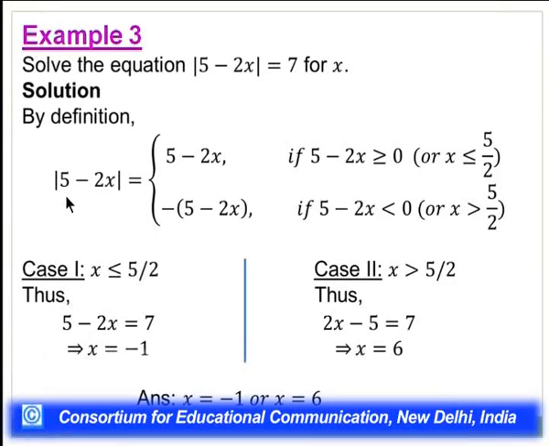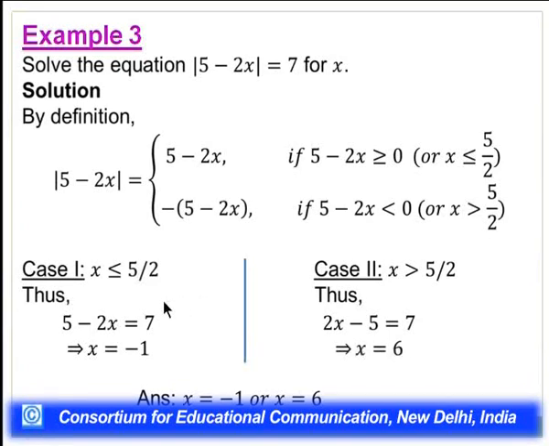By definition, the absolute value of 5 minus 2x is 5 minus 2x itself if 5 minus 2x is greater than or equal to 0, and it is equal to minus of 5 minus 2x if 5 minus 2x is less than 0. As I mentioned before, these inequalities boil down to two cases: the first where x is less than or equal to 5 by 2, and the second where x is greater than 5 by 2.